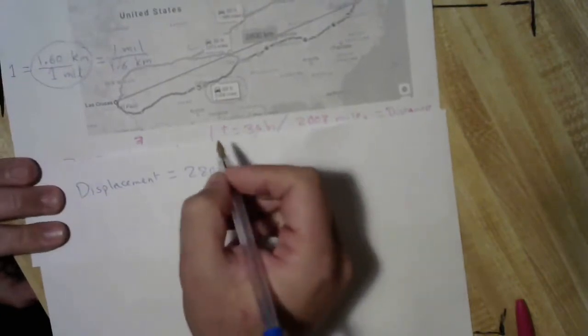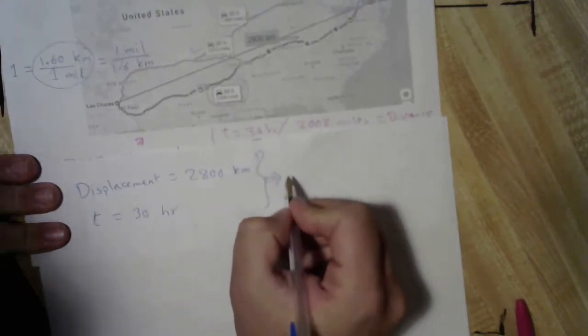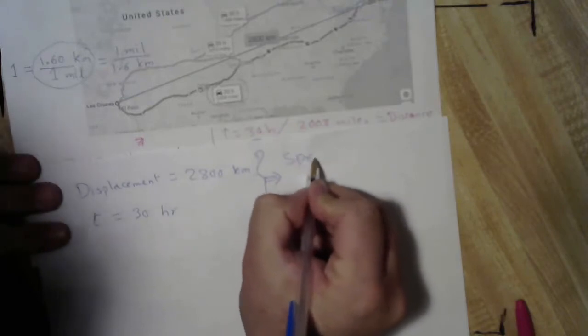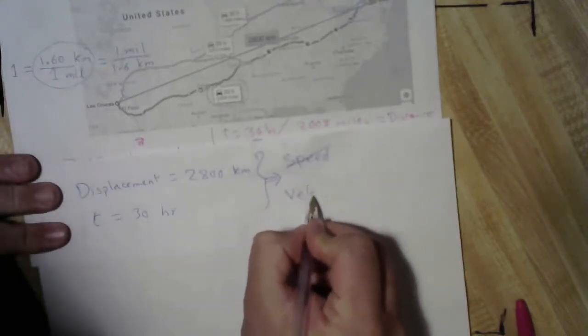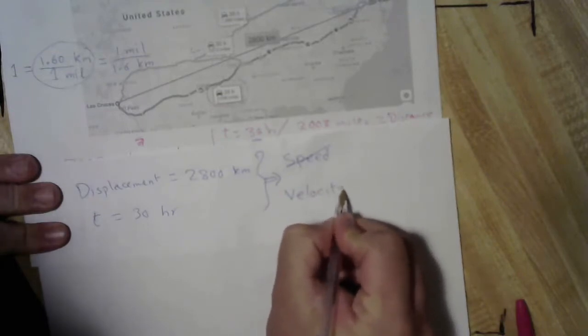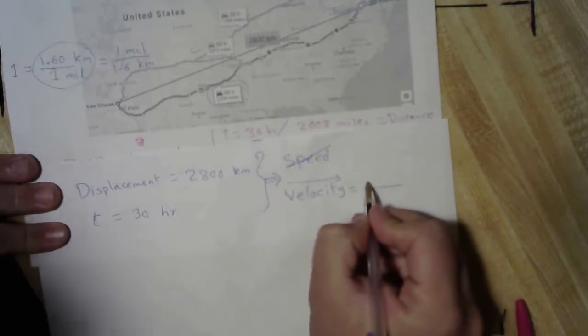What if I take the same time and I need to calculate? In this case, I will not calculate the speed. I will calculate the velocity, which is a vector quantity.